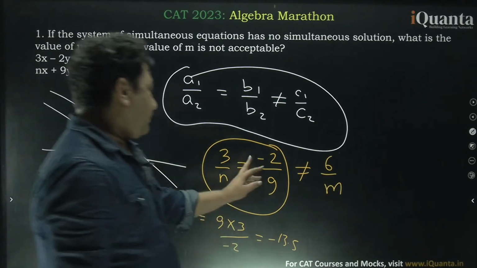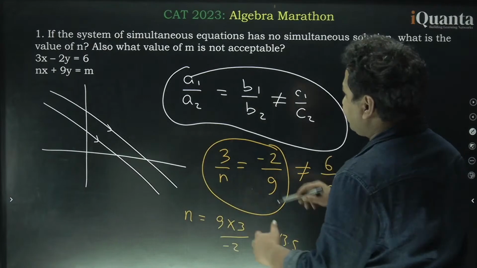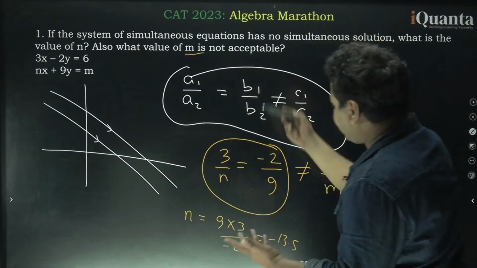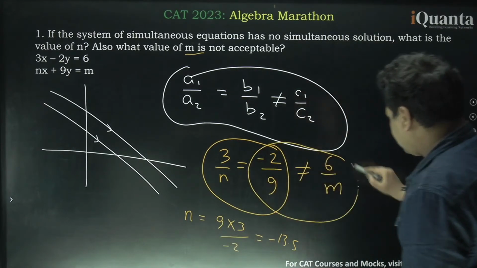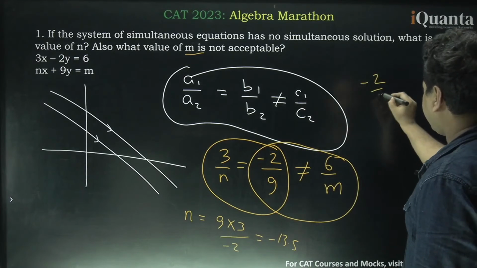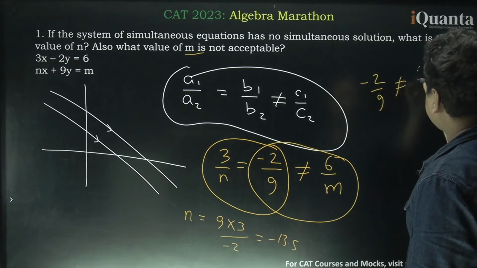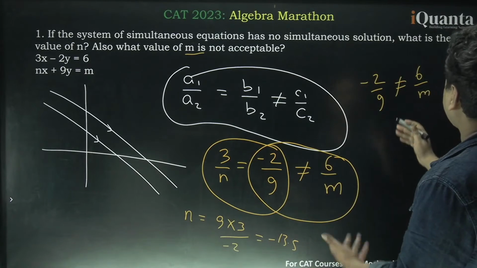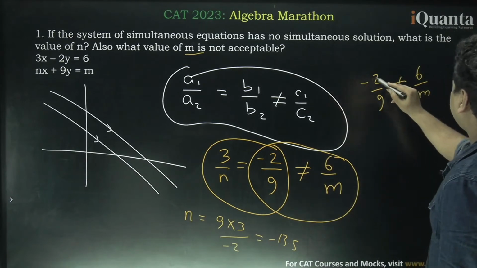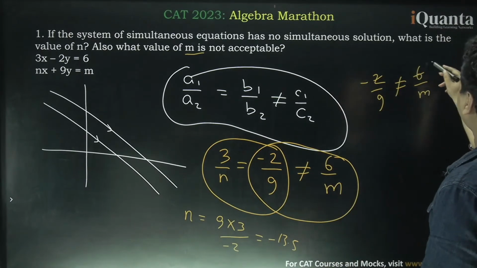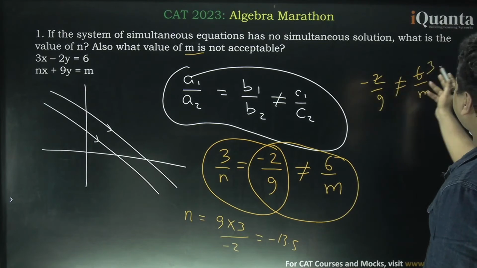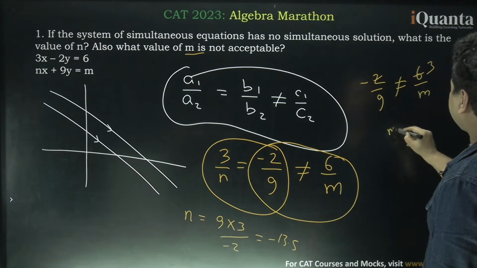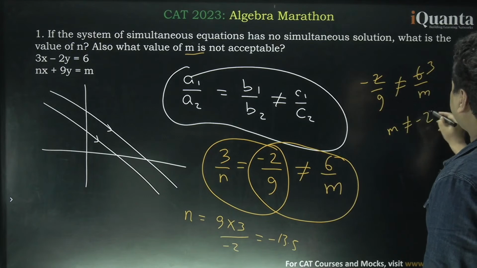Great. Now solving for which value of m is not acceptable, minus 2 by 9 should not be equal to 6 by m. Now let us solve this. So what do we get? We cancel 3 times minus 3, and we have m is not equal to minus 27.